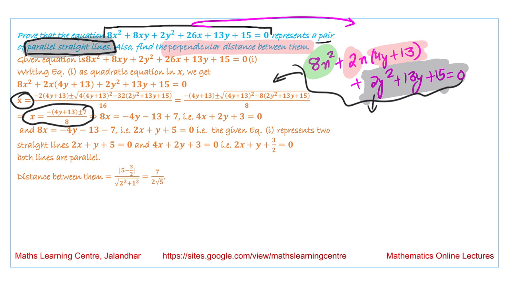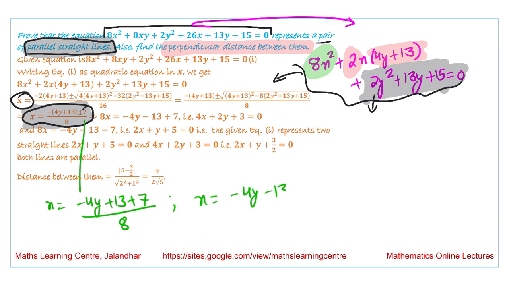When we solve these values, we obtain the value of x in this form, that x is equal to minus of (4y plus 13) plus minus 7, by 8. So these are basically two equations. One is x is equal to (minus (4y plus 13) plus 7) by 8, and second is x is equal to (minus (4y plus 13) minus 7) by 8.